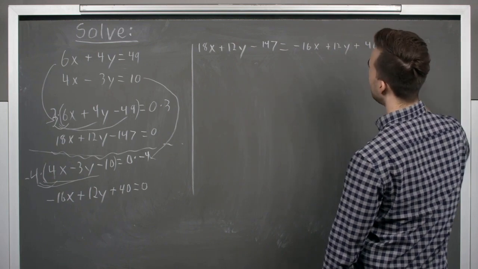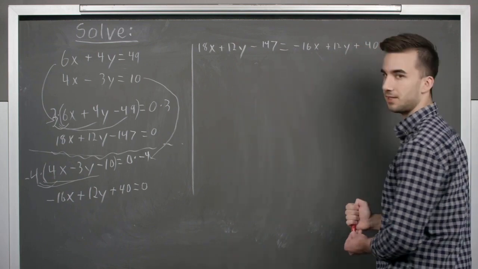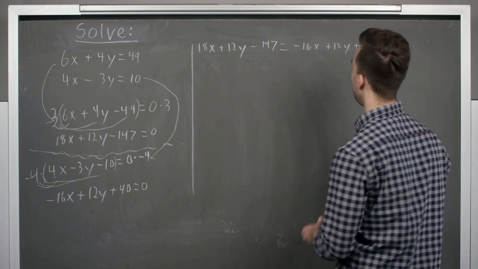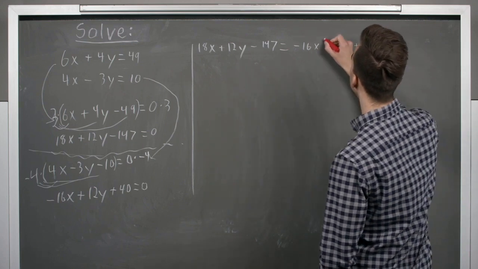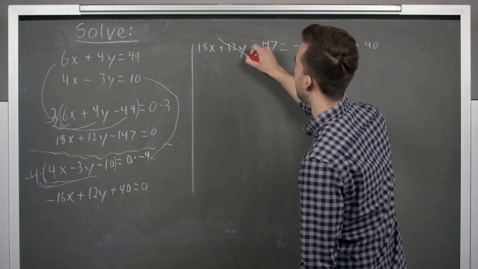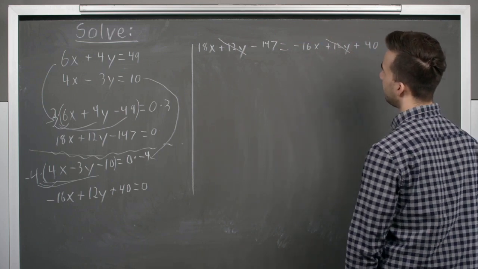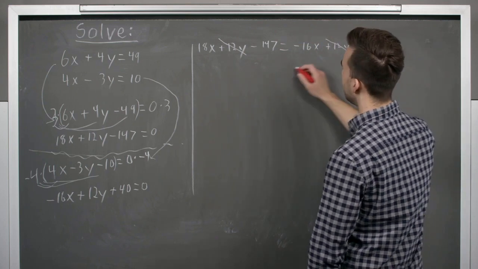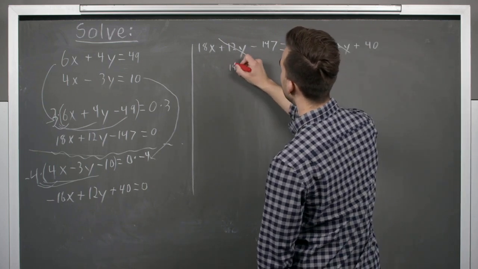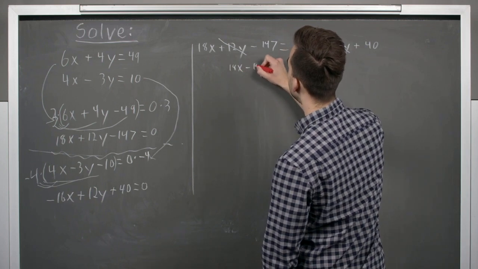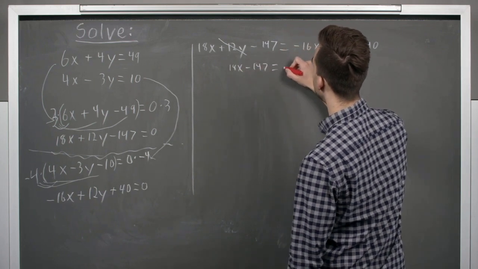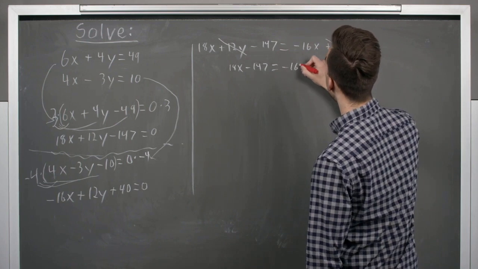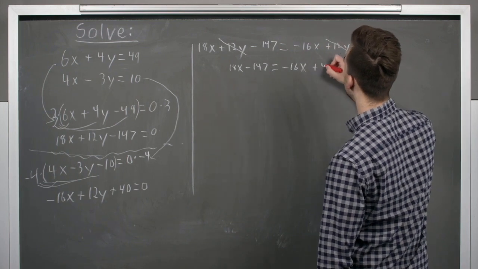And now what we can do is simplify this, and we already know these 12y's will cancel if we subtract 12y from each side. And now we're left with 18x minus 147 is equal to minus 16x plus 40.